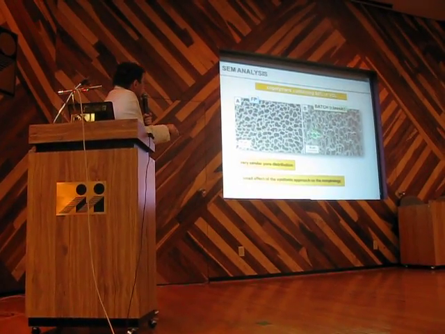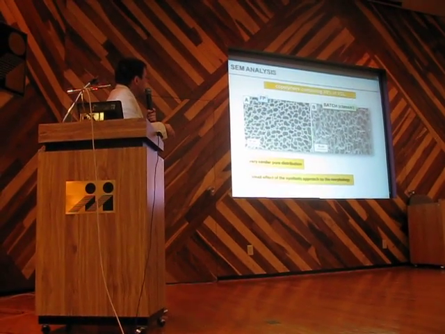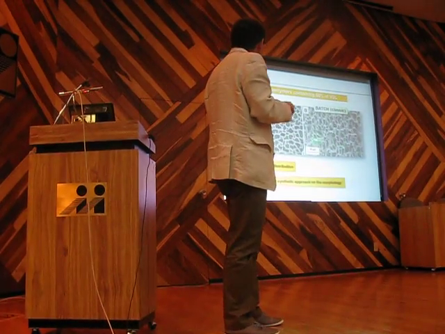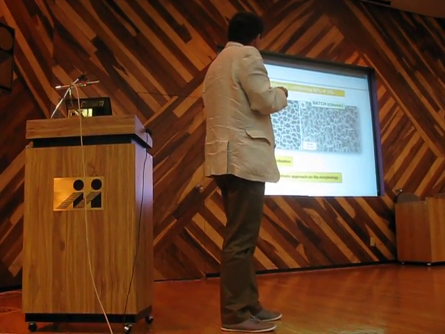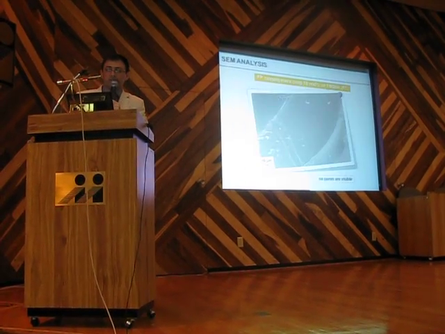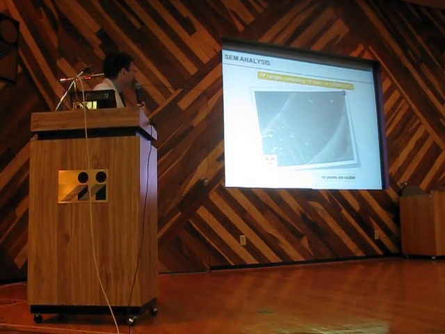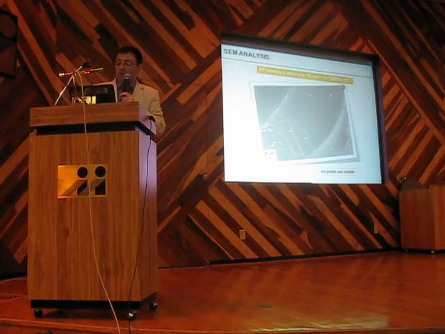In this case, yes, there are some differences, but they are not so important. More or less, we are in the same situation. This is more regular. Nothing special. This is just to show you that if we increase the amount of crosslinker, we don't see any pore, but this is quite obvious.